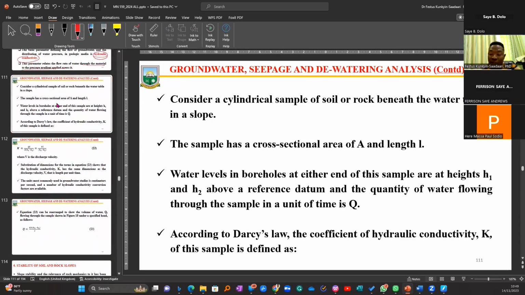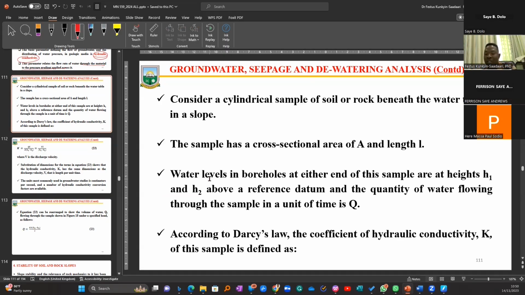What if I have a situation where, let's take for example, water levels in boreholes at either ends of a sample, okay? One is at a height H1 and another is at a height H2 above a particular reference point.